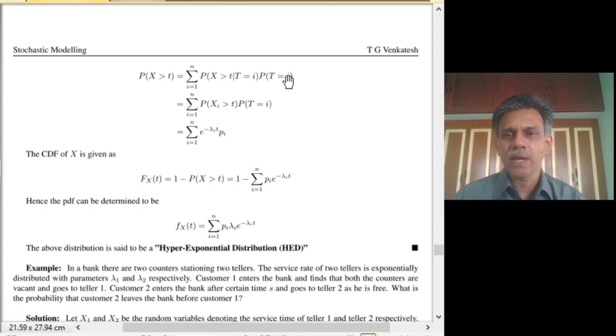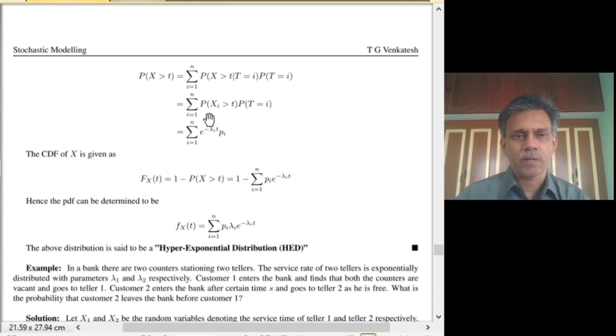We have to multiply it by the probability that T equals i and then sum over all i. If T is equal to i, it came from the ith factory, in which case x becomes xi.